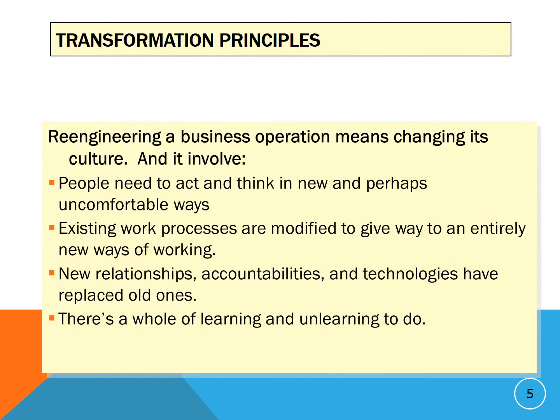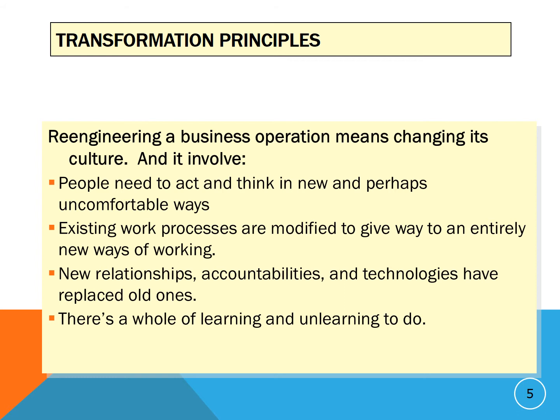Turning to the second principles of business process reengineering, that is transformation principles. Previously we talked about the process redesign principles, which is the stage of redesigning, planning the changes they want to make. Now, transformation principles is about the changing of the current practice that we have in the organization.